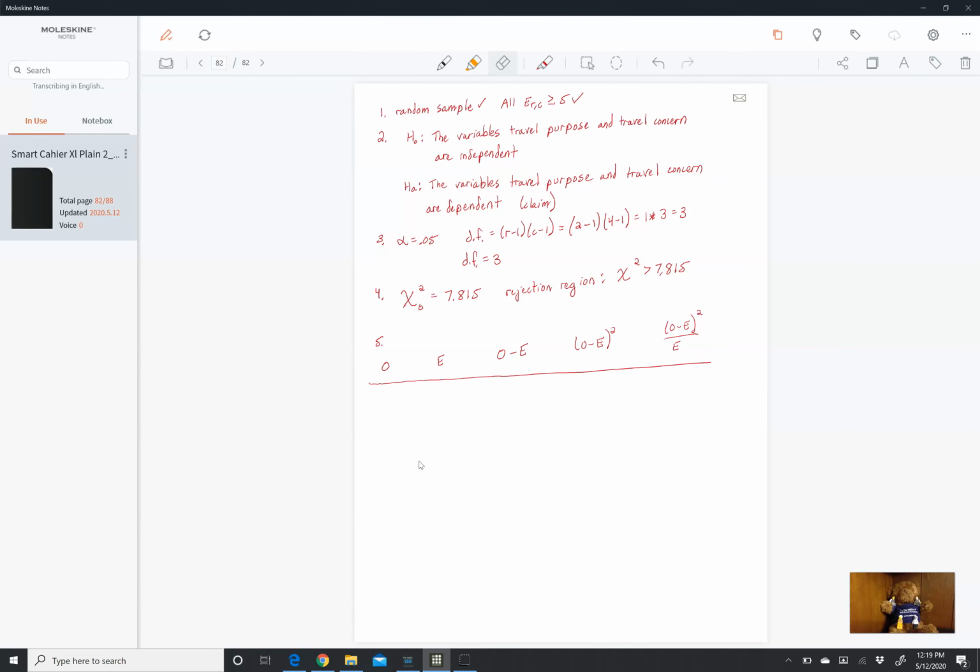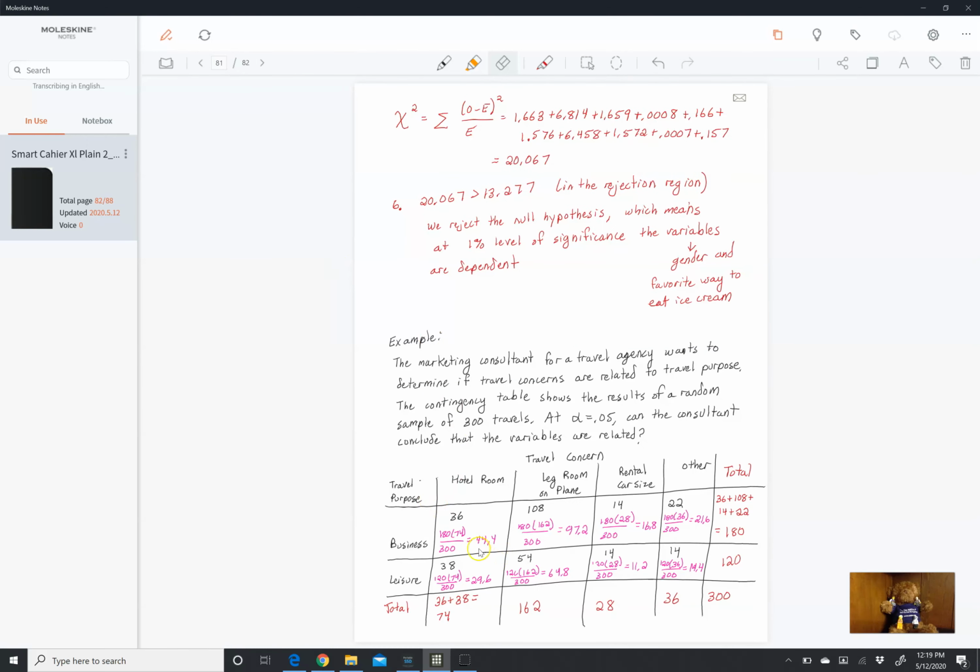This is the fun part. So I'm going to give it to you because it's on the previous page. But again, we're just going to go across the rows. So 36, 108, 14, 22, 38, 54, 14, 14. And we match up the observed with the expected. So the 44.4 has to go next to the 36. 97.2 has to go next to the 108.